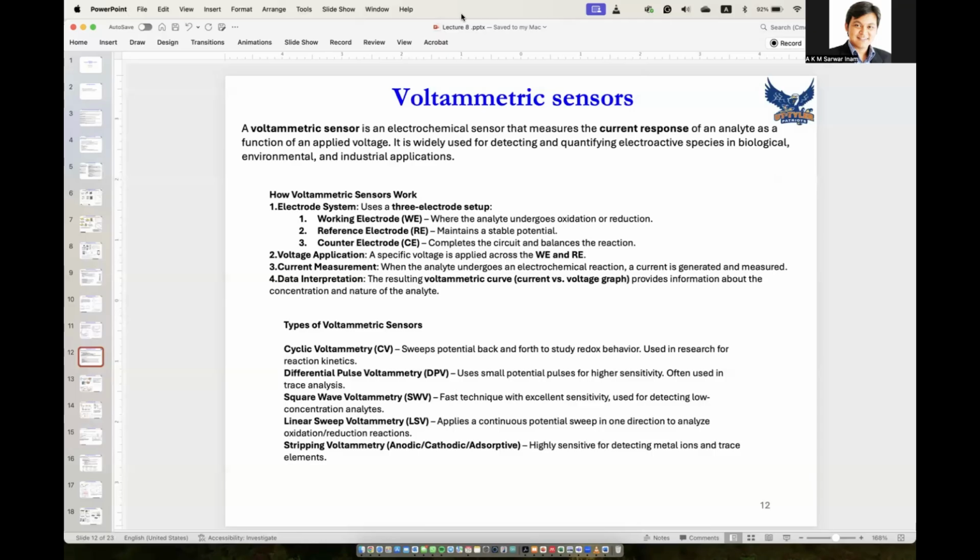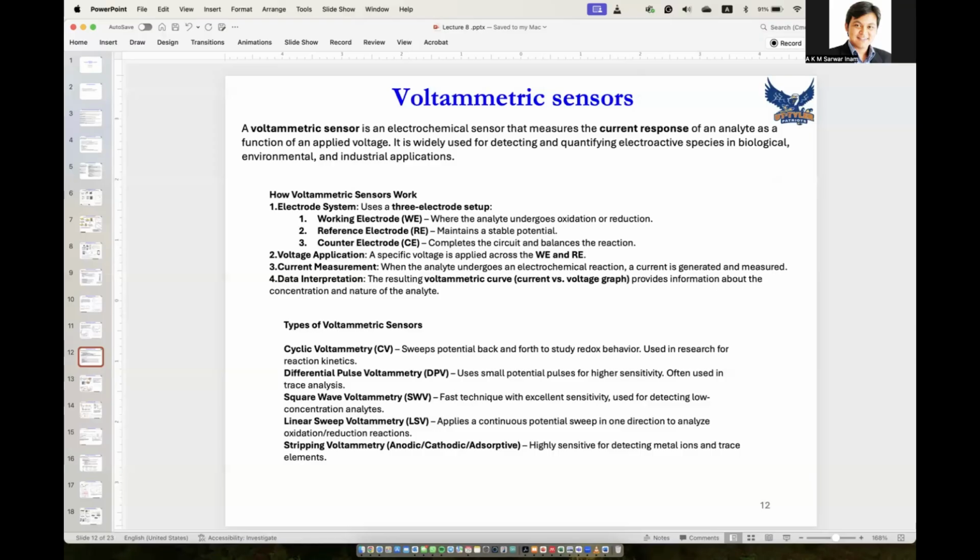But it also has some disadvantages, like it cannot provide absolute concentration without calibration. So the calibration is necessary. You always have to do that. And it requires proper choice of a scan rate and potential window. So you have to find out the scan rate at which you are going to do this cyclic voltammetry.